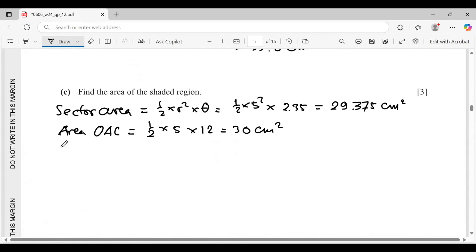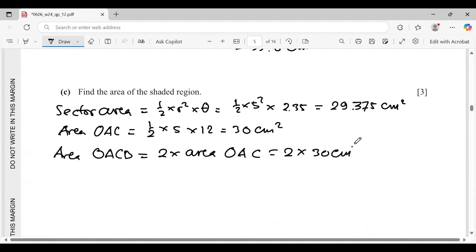And after that, area OACB is 2 times area OAC. So it becomes 2 times 30 centimeters squared, which is 60 centimeters squared.